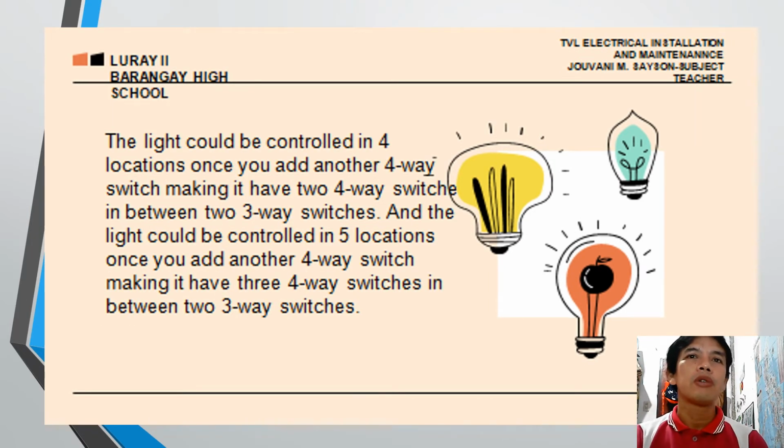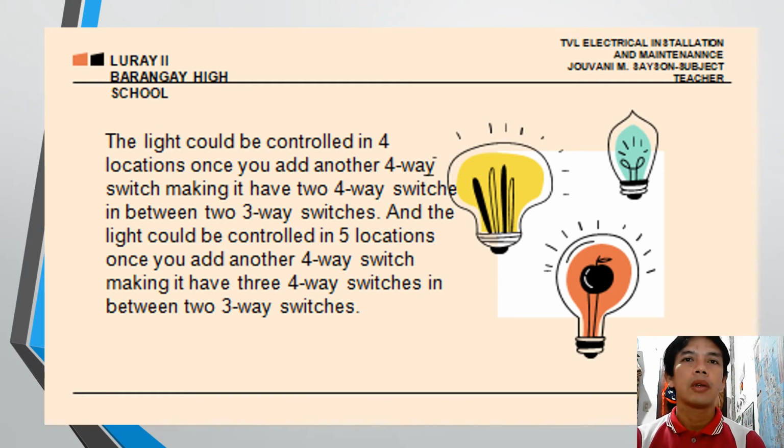The lights could be controlled in 4 locations once you add another 4-way, making it 2 4-way switches between 2 3-way switches. And the lights could be controlled in 5 locations once you add another 4-way switch, making it 3 4-way switches in between 2 3-way switches.